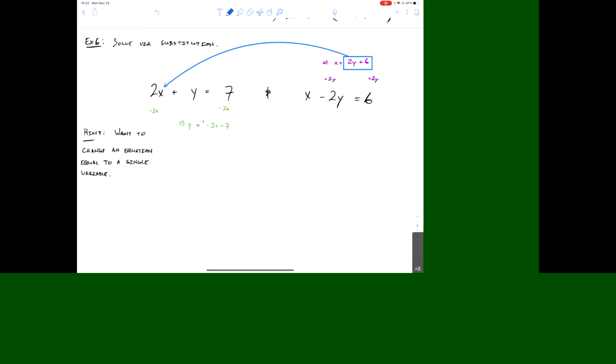Or if you take this one here, negative 2x plus 7, what y equals, then you go back to this equation and you substitute it where the y is. So this is supposed to take place where the y is. So you don't have to do both, but you definitely have to do one or the other.